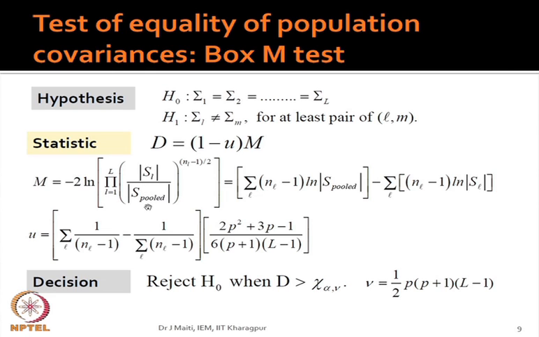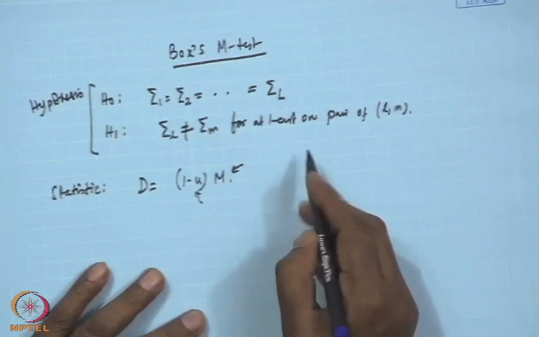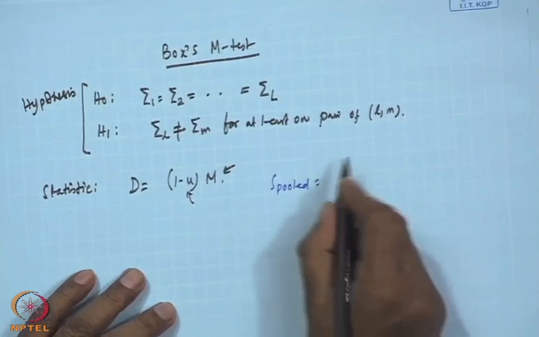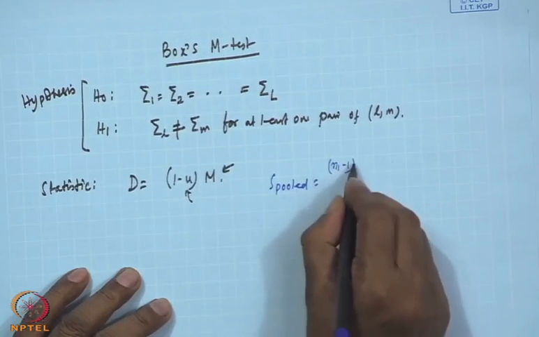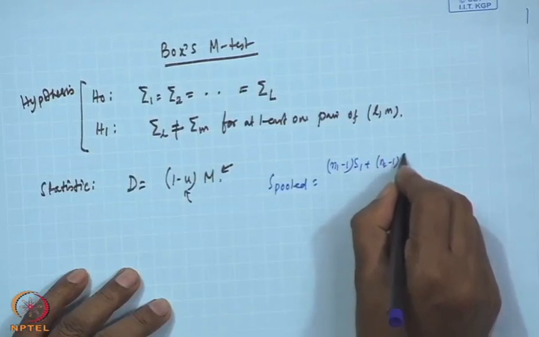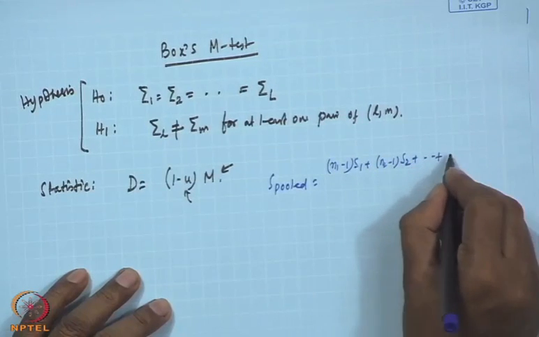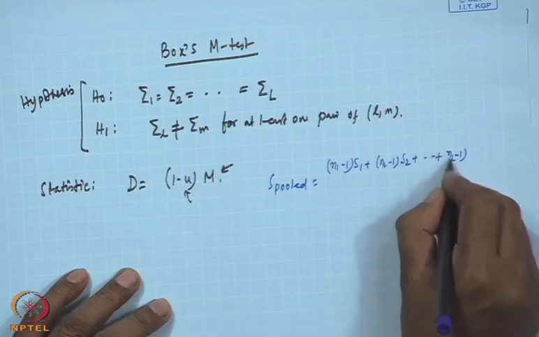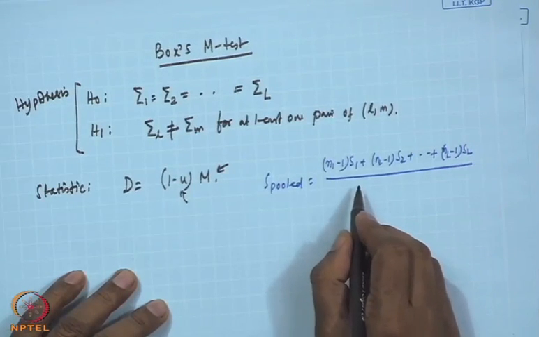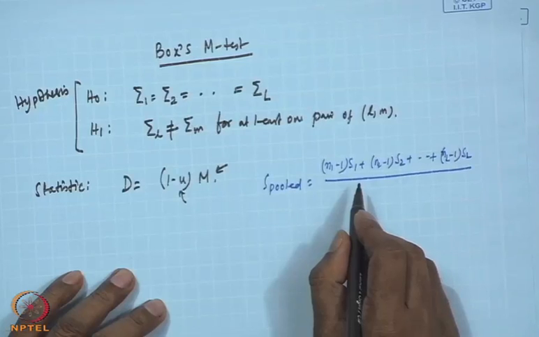This is what the ratio S L by S pooled is. All of you know S pooled. What is S pooled? How to compute S pooled? N 1 minus 1 S 1 plus N 2 minus 1 S 2 plus N L minus 1 S L divided by what?